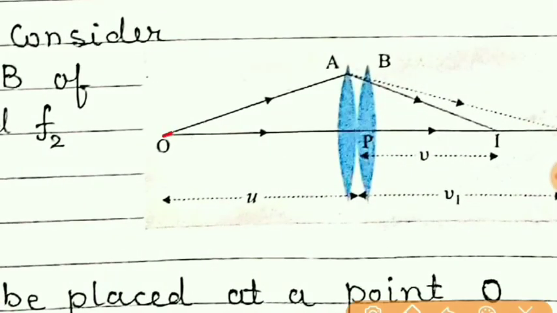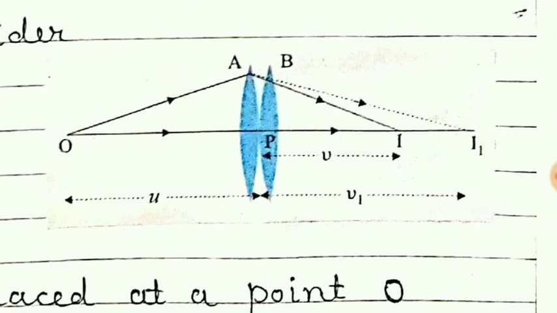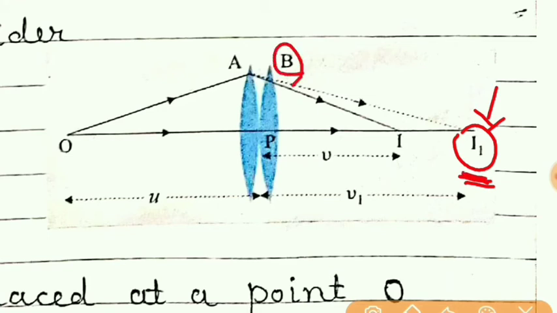when the ray coming from the object strikes the first lens, the image is formed due to the first lens. So the image formed due to the first lens is taken as I1, and now this image behaves as an object for this second lens B, and finally this image is obtained.